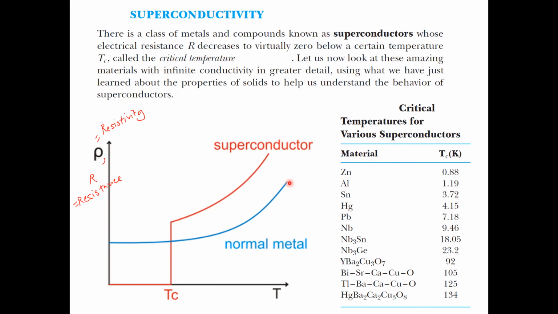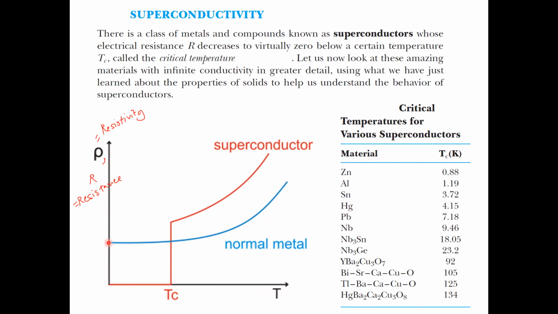So let's take a look at the normal metal first. At higher and higher temperature, the resistivity rho or the resistance R increases as the temperature goes higher, right? The curve is just like this.